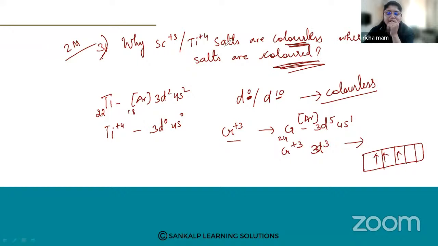Scandium plus 3 or titanium plus 4 does not contain any d electrons, whereas chromium plus 3 contains 3 unpaired electrons. Because of this, these are colored in nature. Okay. Next question.